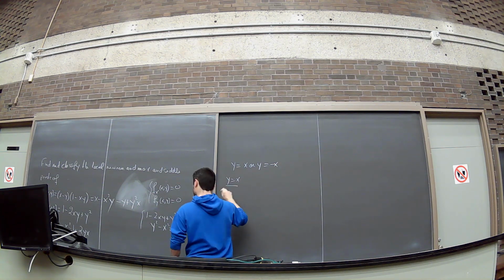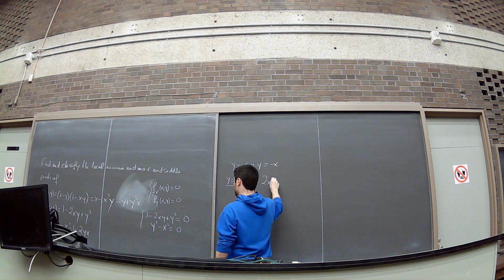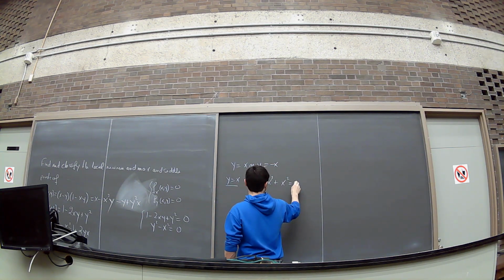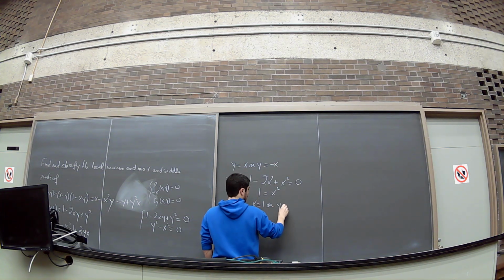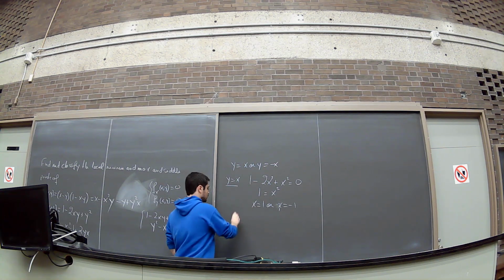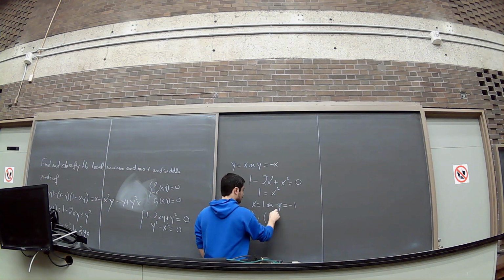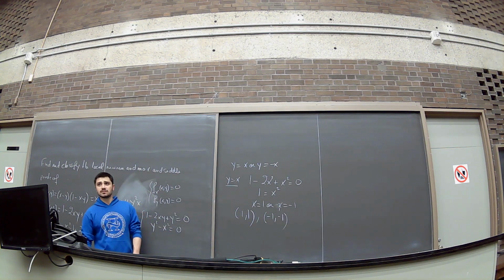If y is equal to x, I get 1 minus 2x squared plus x squared equal to 0, so 1 minus x squared is equal to 0. So x is equal to 1, or x is equal to minus 1. If x is equal to 1, then y is equal to 1. And if x is equal to minus 1, then y is equal to minus 1. We see that?